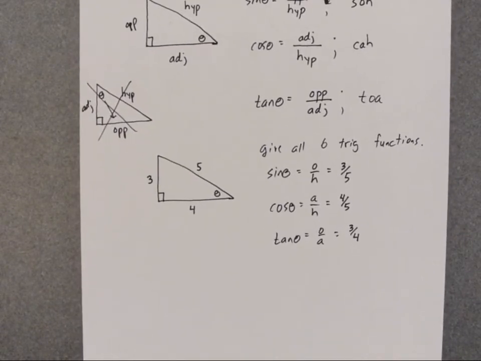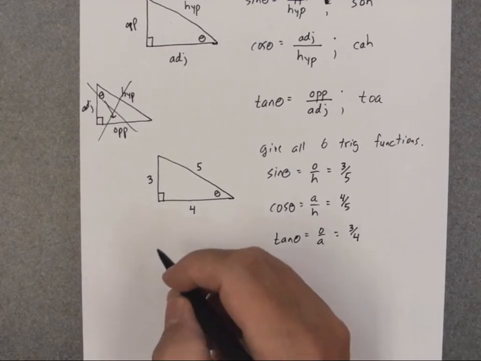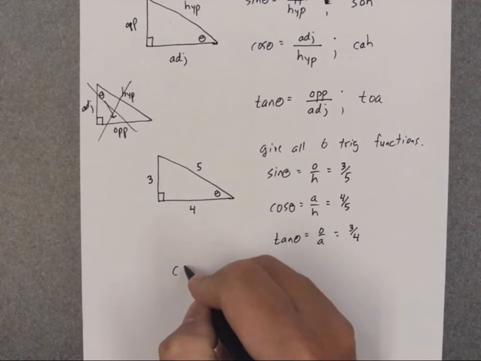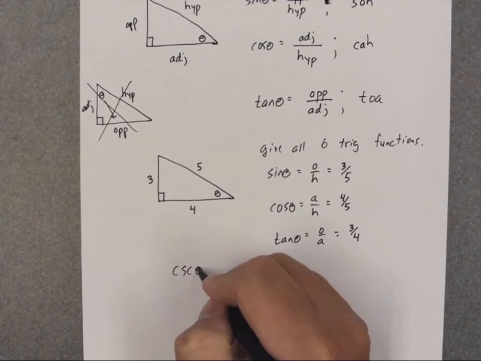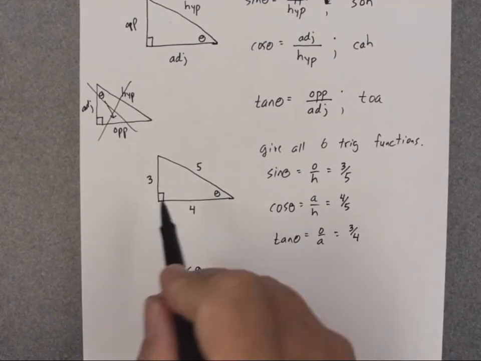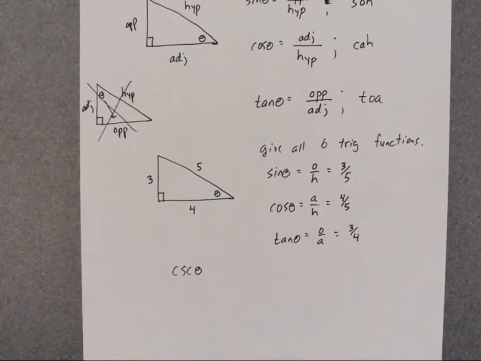And here are some important facts about them. Let's first look at the cosecant. So what if I said I want to find the cosecant of theta for that right triangle? Here's how I always do it. Other people might do it differently, but this, to me, I found is just the easiest way to go about it.